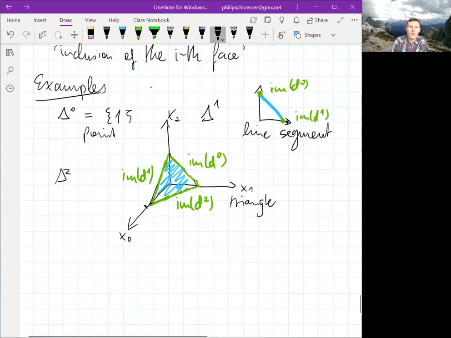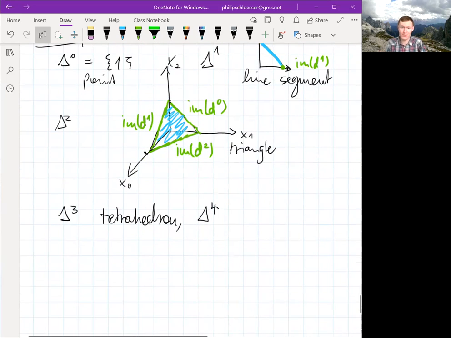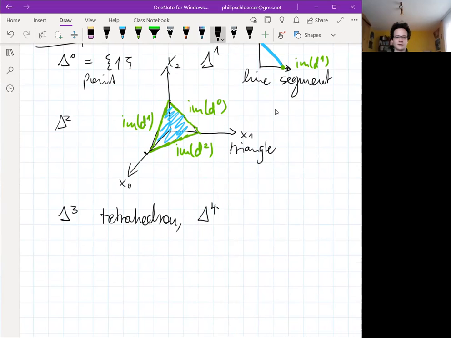And if we go on from there, delta 3 will turn out to be a tetrahedron. Delta 4 will be the corresponding generalization of that kind of shape in R4. Doesn't matter.